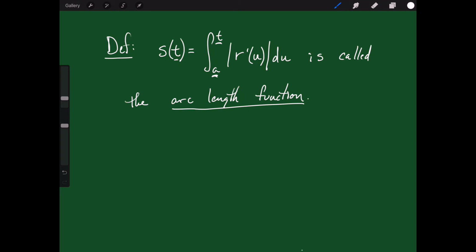So this is a function, s of t, that gives me the arc length at any point t. So it's giving me a lot of arc lengths at the same time, not just one arc length. Plug in any value you want for t in this function, and I'll get an arc length from a to t. And that's the point of the arc length function.